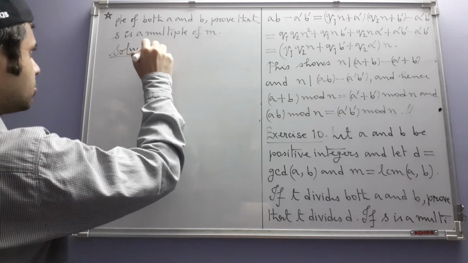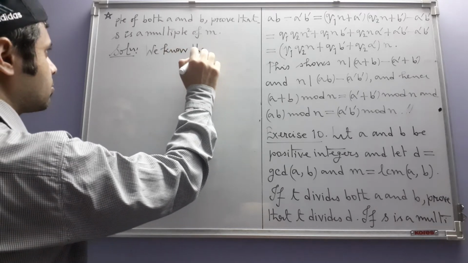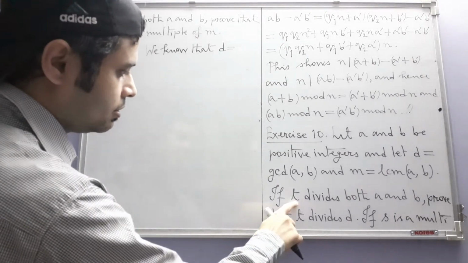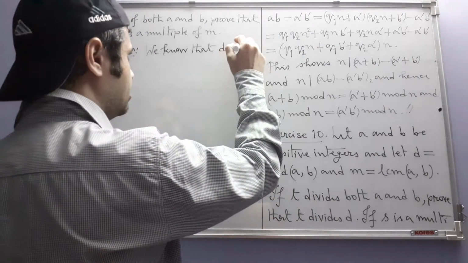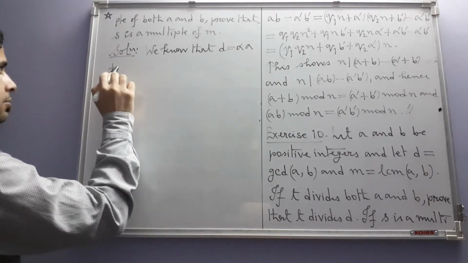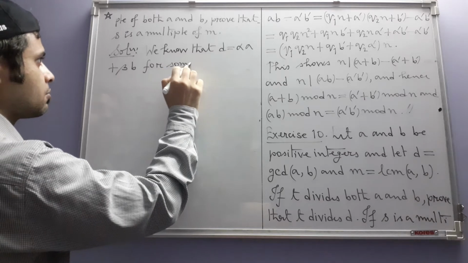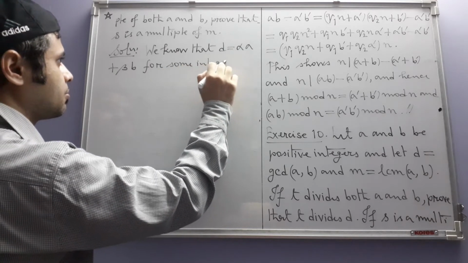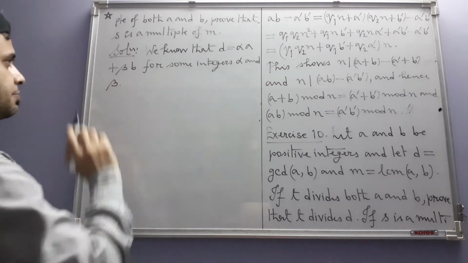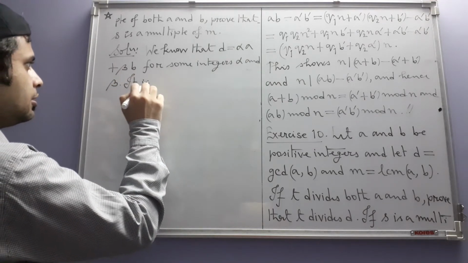We know that D is equal to, S and T are already there, so we have to use something else. Let us use alpha and beta. D equals alpha A plus beta B for some integers alpha and beta.